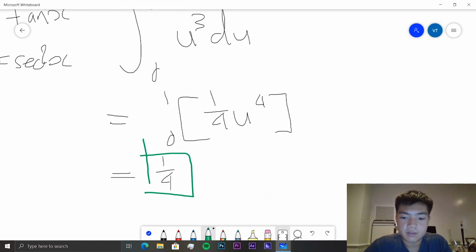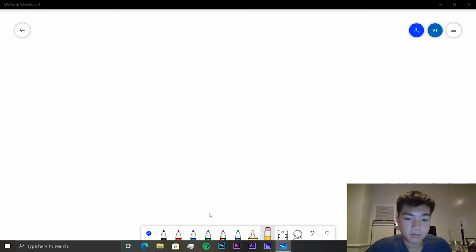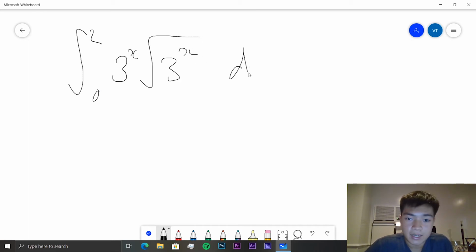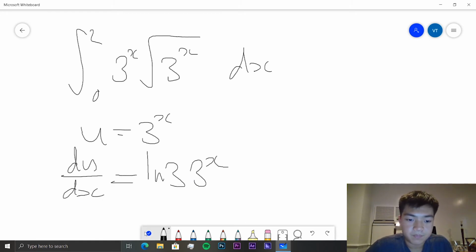And then on to the next question. Okay, next question is we need to solve this limit between 2 and 0 of 3 to the x times root 3 to the x dx. So we have u is equal to 3 to the x, du over dx is equal to ln 3 times 3 to the x.